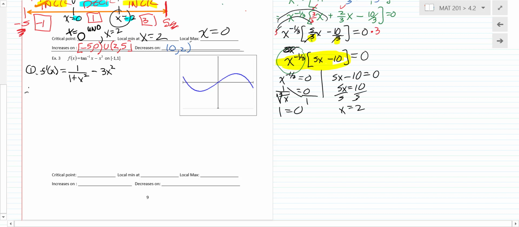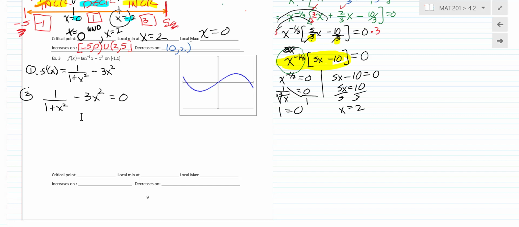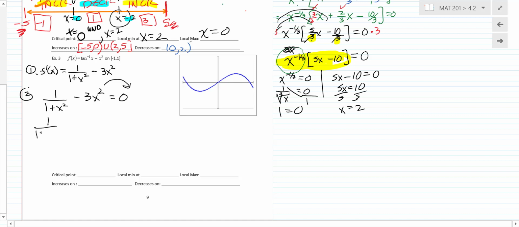So what we move on to now when we do the critical points is 1 over 1 plus x squared minus 3x squared equals 0. Okay, so we now want to focus on solving that equation. And you're going to solve equations like crazy when you're working with this section. So let's talk about how we would do this. There are several approaches. What I'm going to do is move the 3x squared to the other side like that. You could cross multiply. You could also clear the fraction.